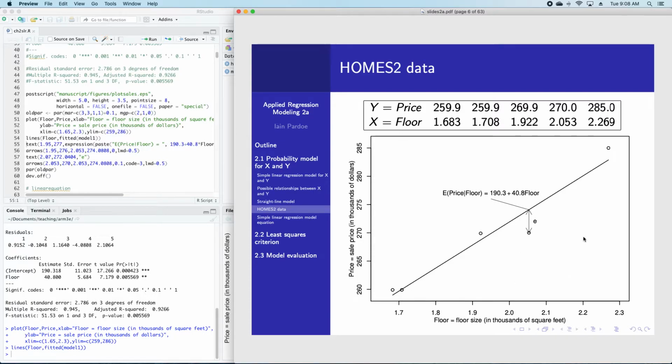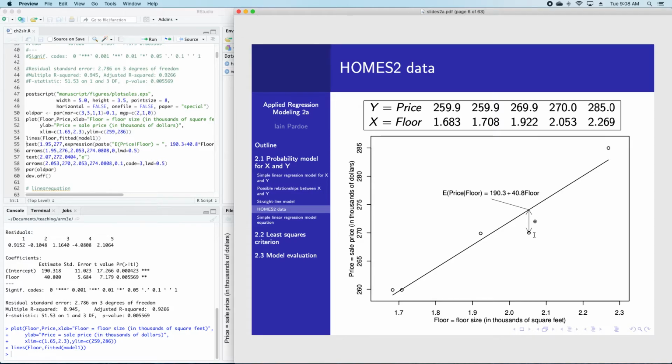I said that in this graph we can see everything that's going on in the model. What I mean specifically is that this straight line is the equation, 190.3 plus 40.8 times floor, and then each individual sale price is given by the plotted points.